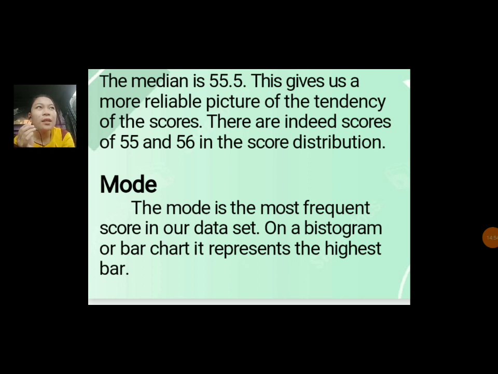Not just a score that repeats, but the score that repeats the most, the score with the most occurrences. If on a histogram or bar chart, it represents the highest bar.